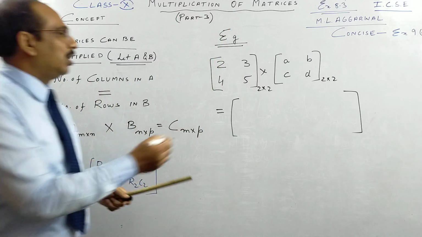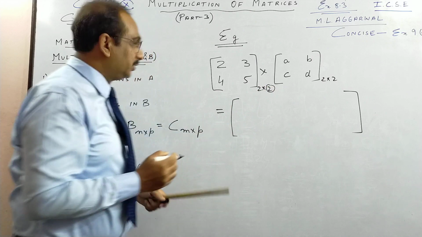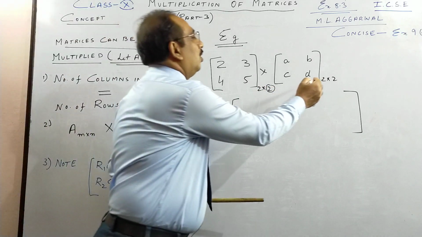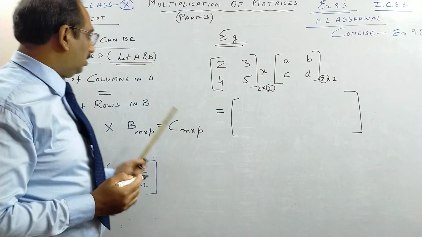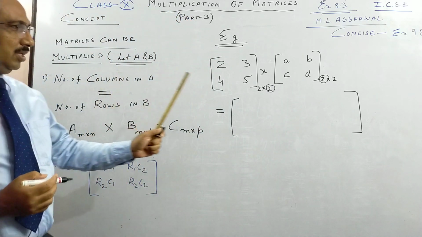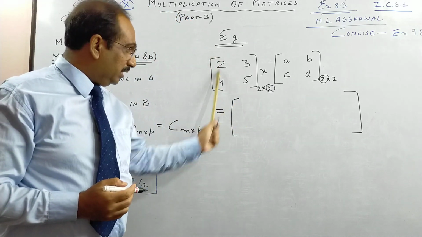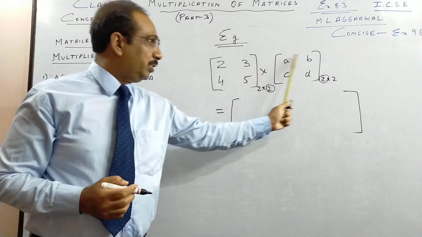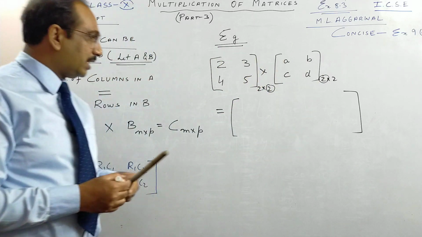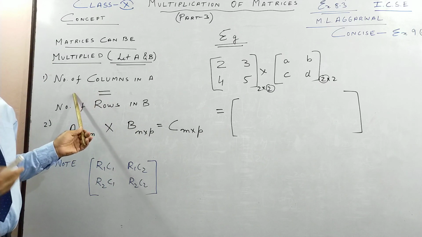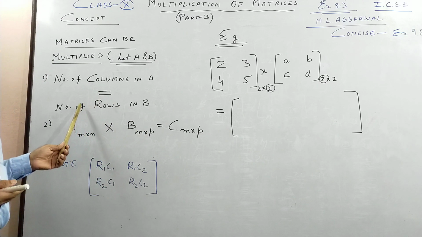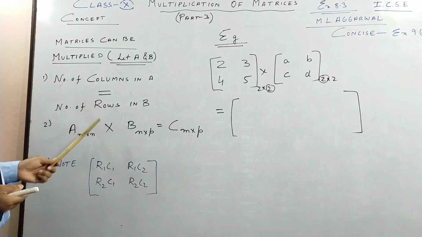So the number of columns of the first should be equal to the number of rows of the second. Then only we can multiply. Then they are called compatible or conformable.